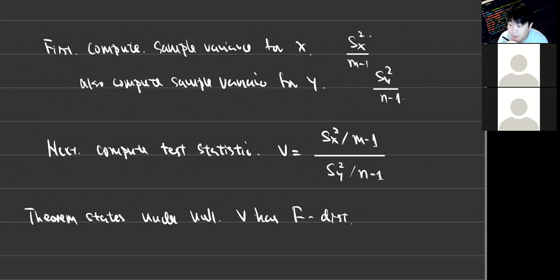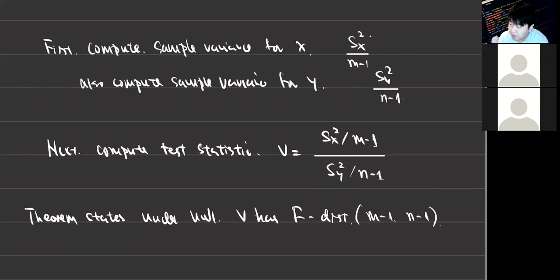Specifically, the F distribution has two degrees of freedom, right? That's the definition of the F distribution. So you can kind of guess: the two parameters correspond to the bottom part of the sample variances. So this is m minus 1, n minus 1.